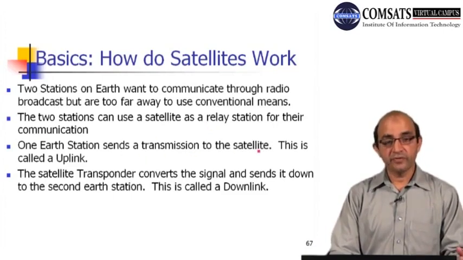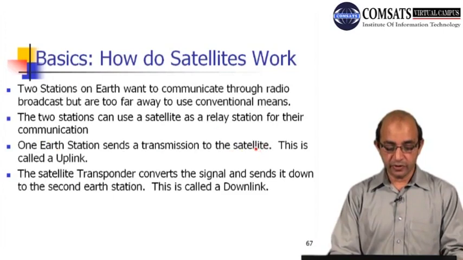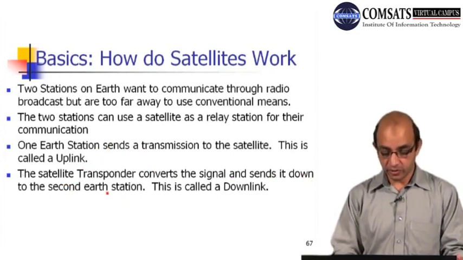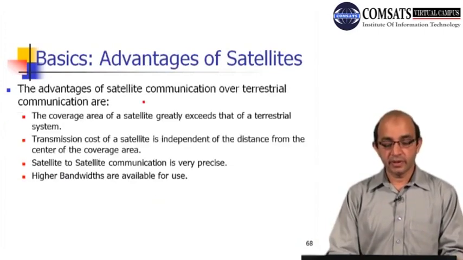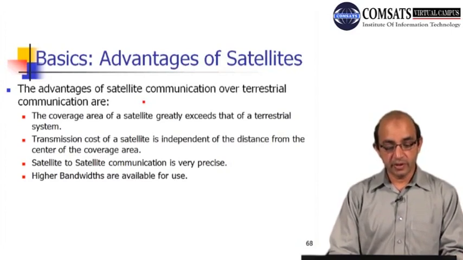So we have our uplink and downlink. When one earth station sends a transmission to the satellite, this is the uplink. The transponder converts the signal and sends it back to the second earth station. This is called the downlink. There are certain advantages associated with satellite communication.